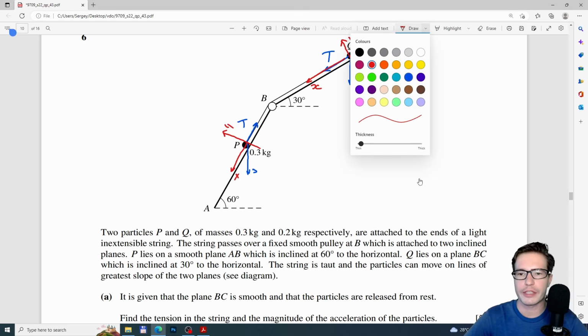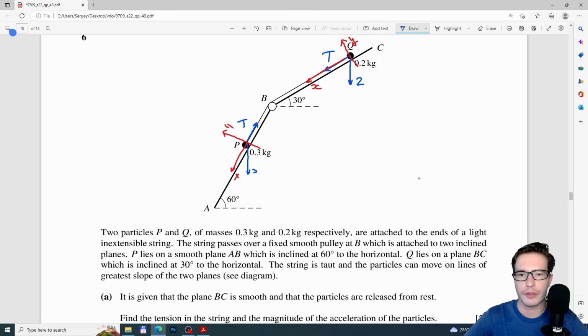Okay, now we can write the second Newton's law for both particles. So for particle Q, we'll have T, and then the weight, and for the weight we're going to use the x component.